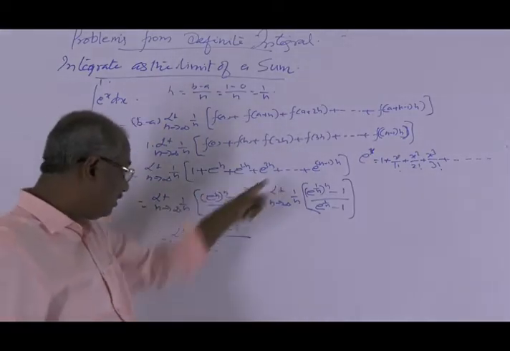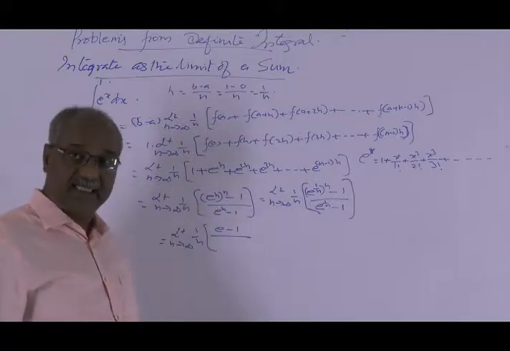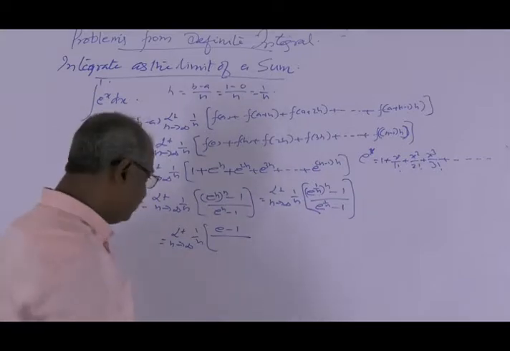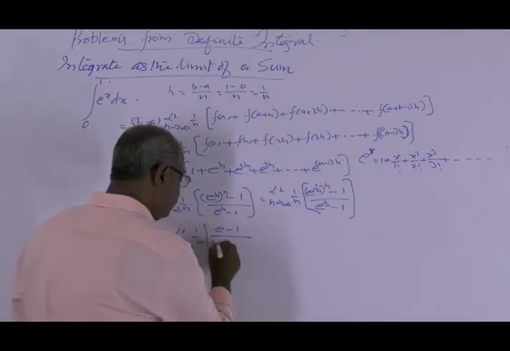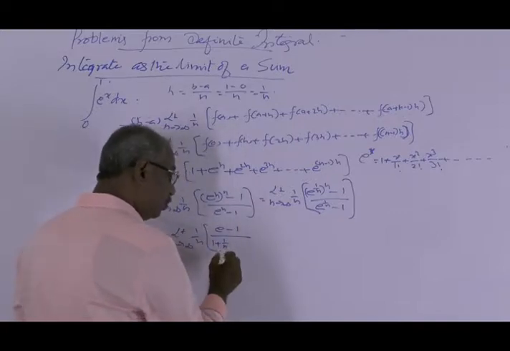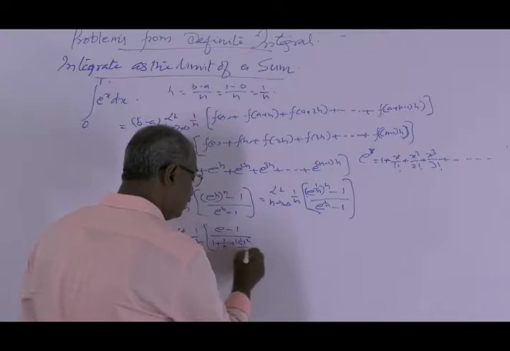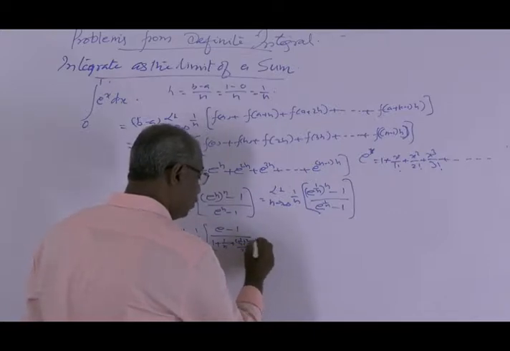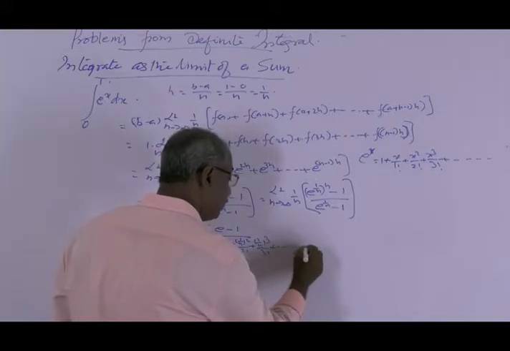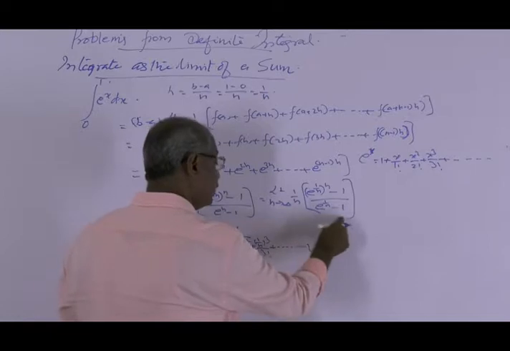So using that, we expand e raised to 1 by n: 1 plus 1 by n by 1 factorial plus (1 by n) whole squared by 2 factorial plus (1 by n) whole cubed by 3 factorial plus etc. Then minus 1, the e raised to 1 by n minus 1.